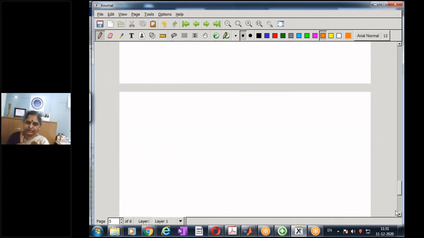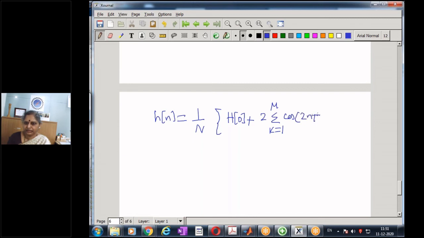My impulse response h of n is given by, we can use this expression since this is simpler: 1 by N, h of 0 plus 2 into sigma k equal to 1 to M, cos 2 pi n k by N. And in this example, our N is 15, so 1 by 15.